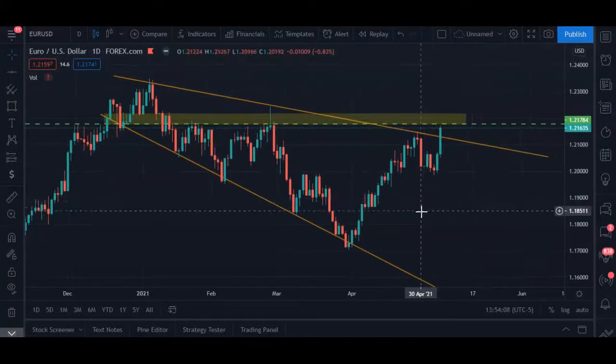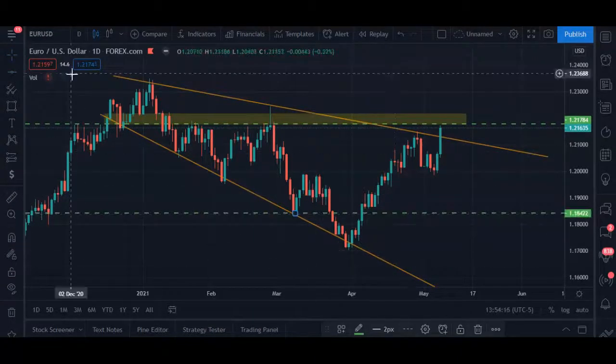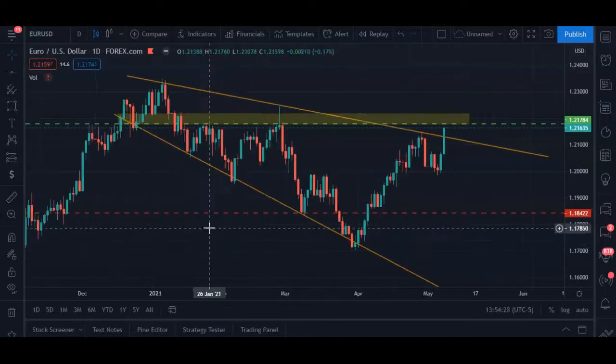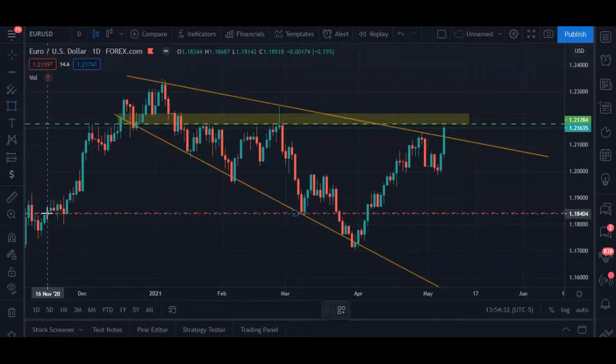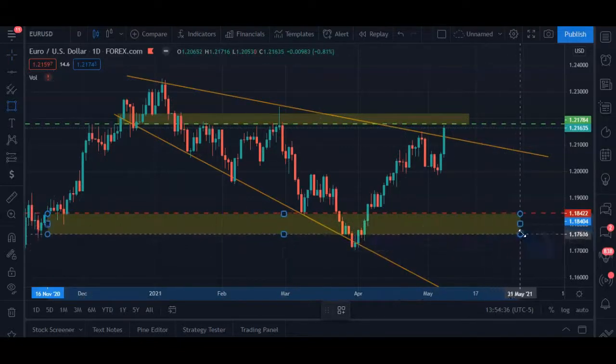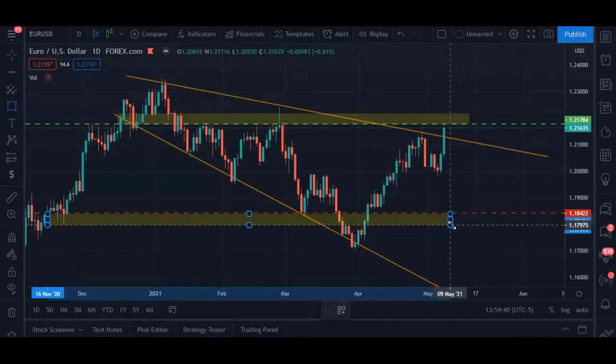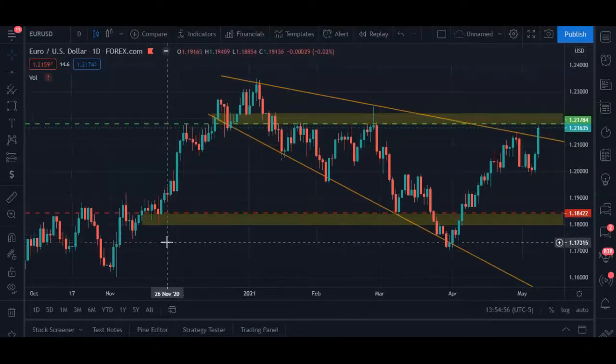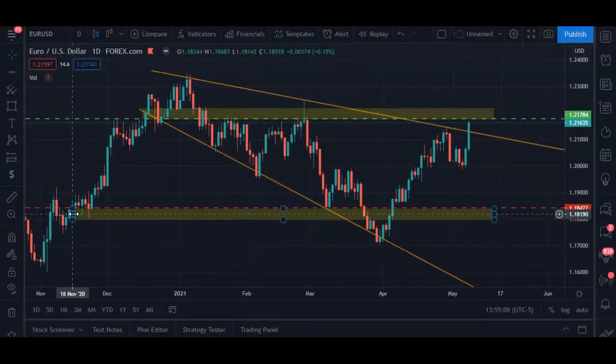A lot of stuff to learn here. Okay, so as you can see right here, touch right here, it bounced up.